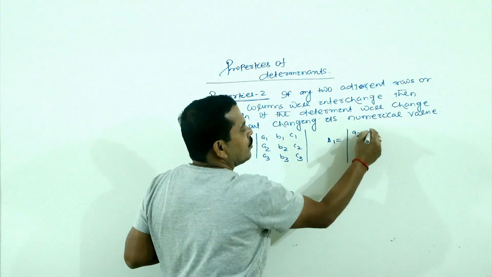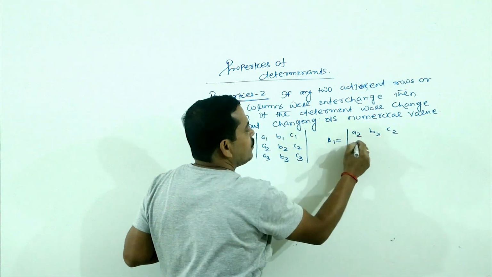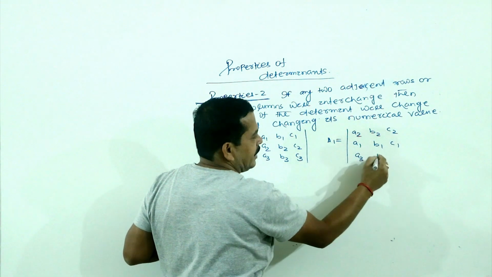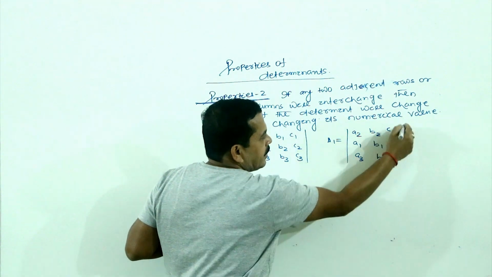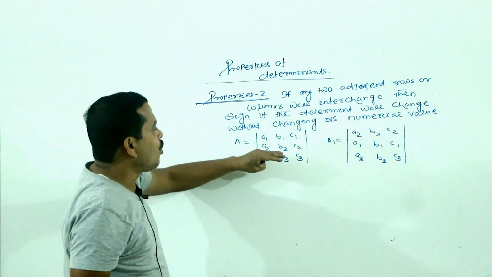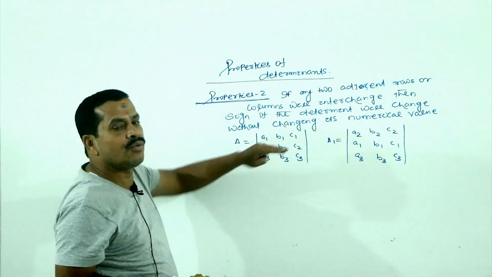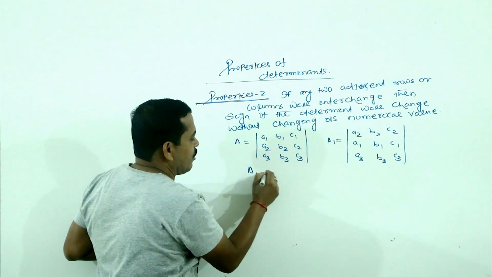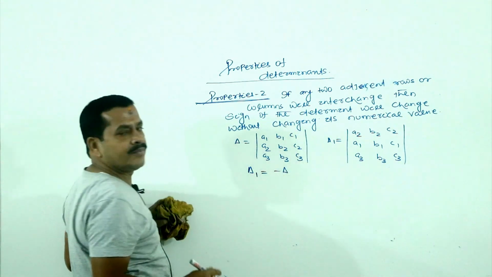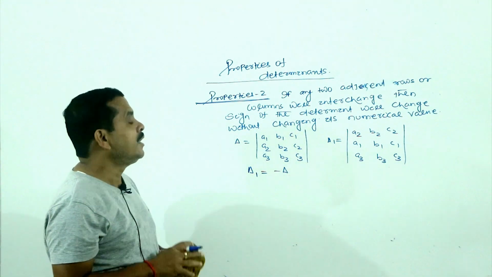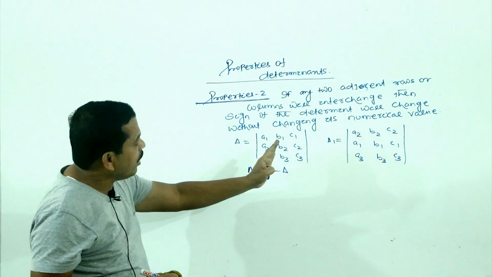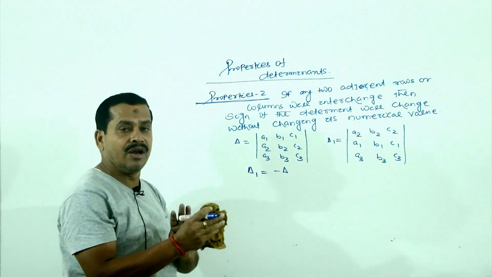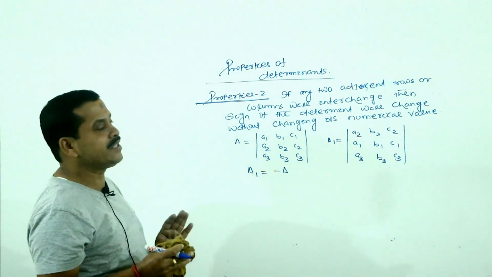That is a2 b2 c2, then a1 b1 c1, a3 b3 c3. Now we interchange row 1 to row 2 and row 2 to row 1. Then according to this property, del 1 equals minus del. That is property 2. Similarly, if we interchange any two adjacent columns, then the sign will be changed.